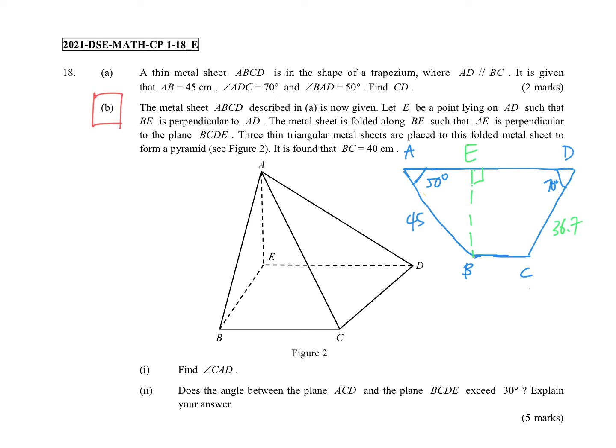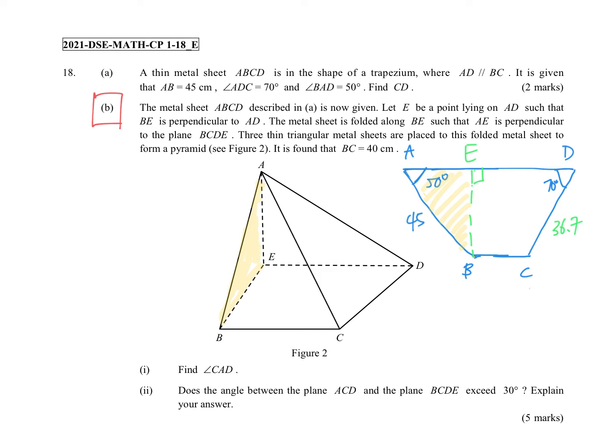Okay, good. BE is perpendicular to AD. So now the metal sheet is folded along BE, such that this part is already folded up to become this.